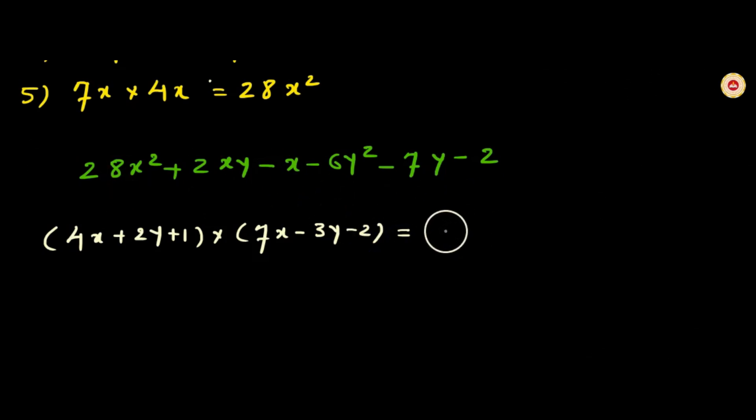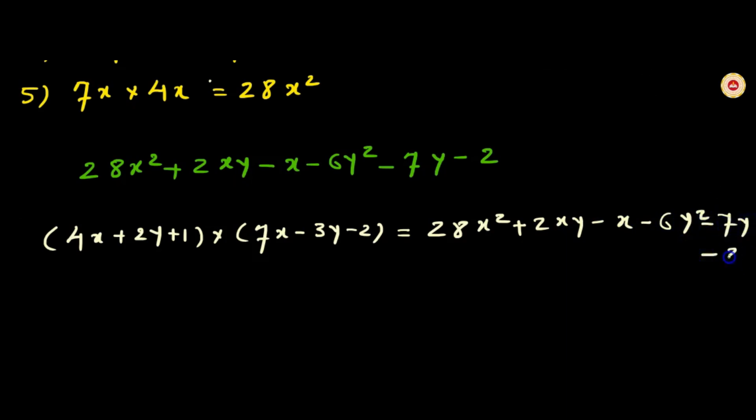Write this answer here: 28x squared plus 2xy minus x minus 6y squared minus 7y minus 2.